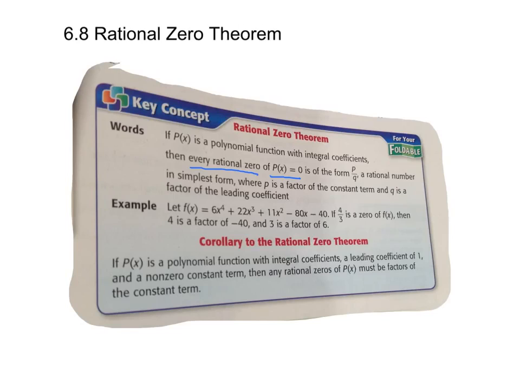It will be found in the form of p over q, where p is a factor of the constant term and q is a factor of the leading coefficient.